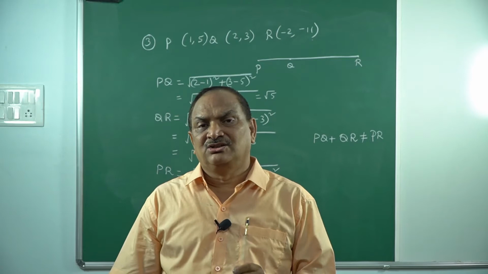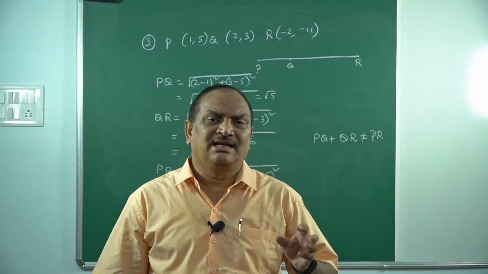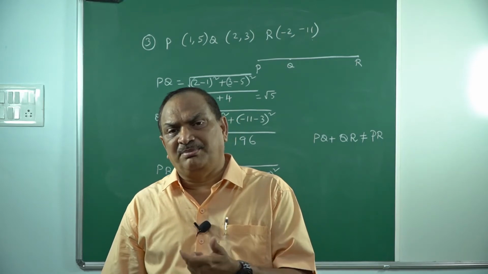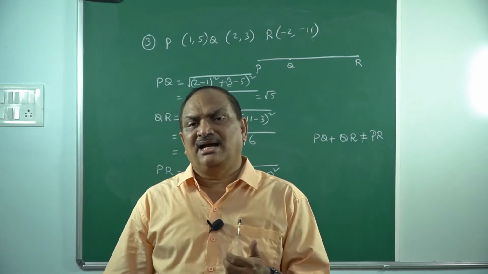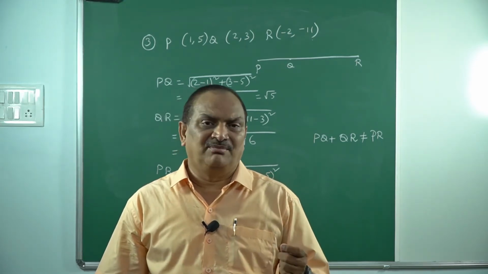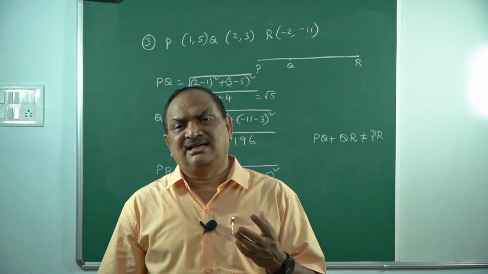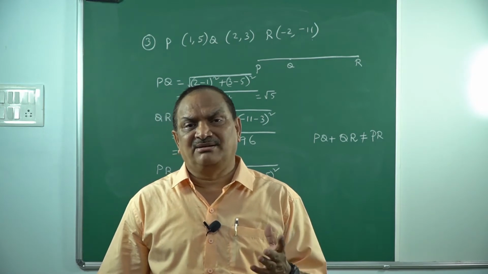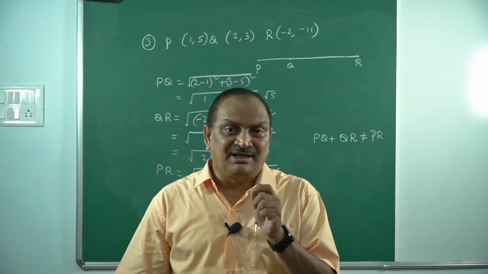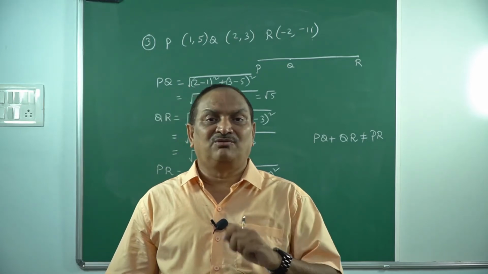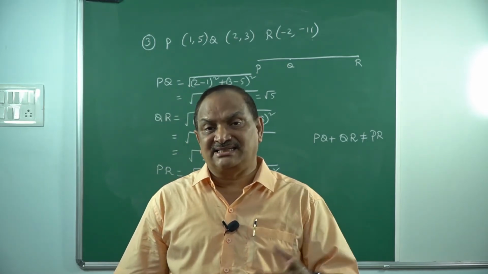So if you want to determine whether 3 points are collinear or not, what we are doing is, we find out PQ, QR and PR, and if the sum of any 2 of them is the same as the third one, then you can say the points are collinear. Because if 3 points have to give you a triangle, there is a condition that the sum of 2 sides must be greater than the third side.